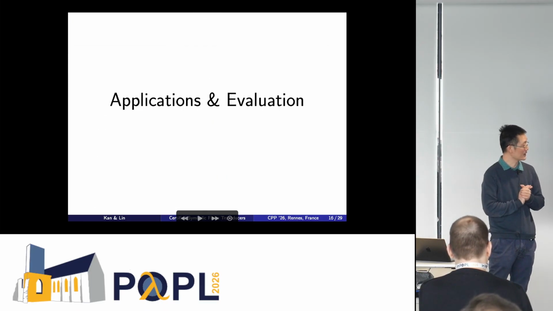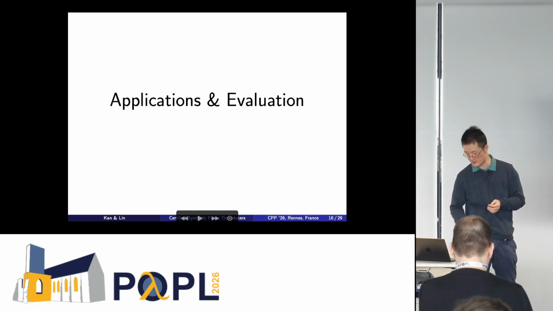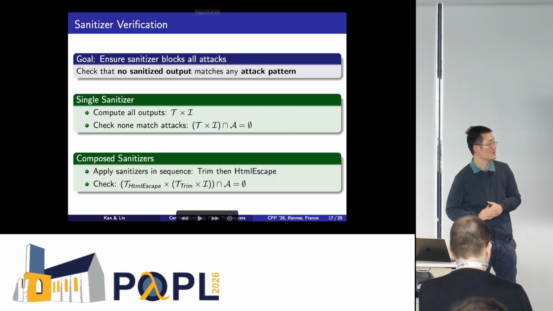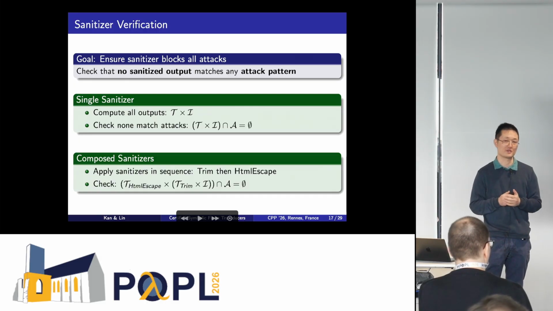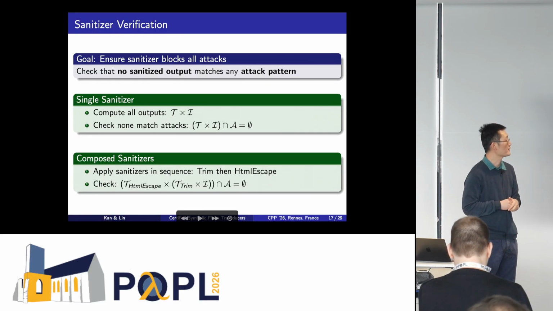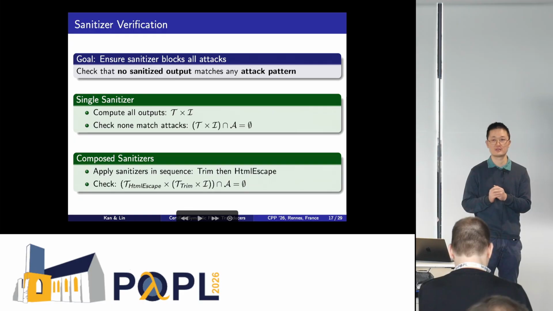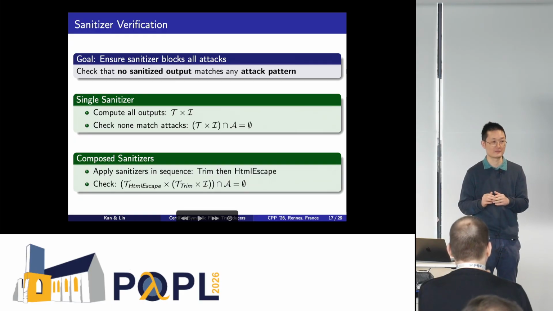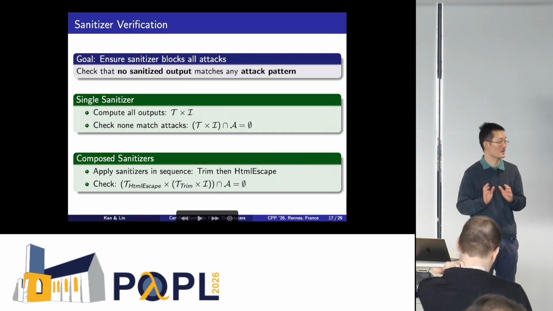Finally, we talk about the application and evaluation. The first one, as I said at the beginning in the motivating example, is sanitizer checking. We want to check that after sanitizing, the output string does not hurt our systems, that it has no unsafe strings.